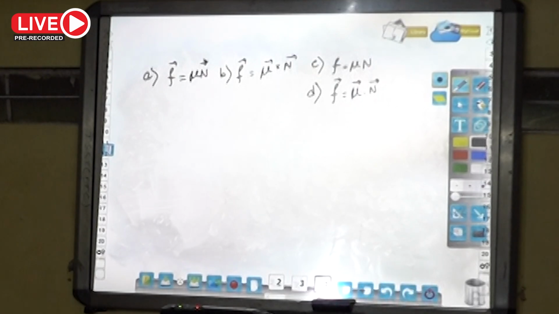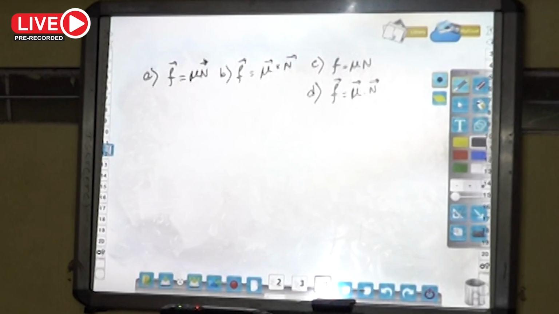Because friction and normal are in different directions. Friction and normal reactions are perpendicular to each other. If you consider option A is correct, then you have to consider that F equal to some numerical number times N, which implies that these two vectors are parallel to each other.